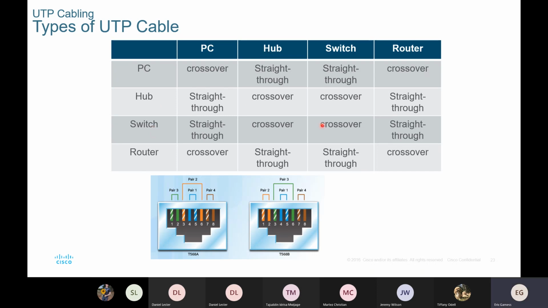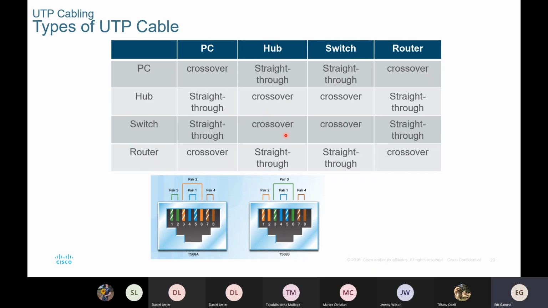If you connect a switch with a switch, you need a crossover cable. If you connect a router with a router, you need a crossover cable. Now, hub and switch are almost the same thing. So if you connect a hub to a switch, or a switch to a hub, you need a crossover cable.